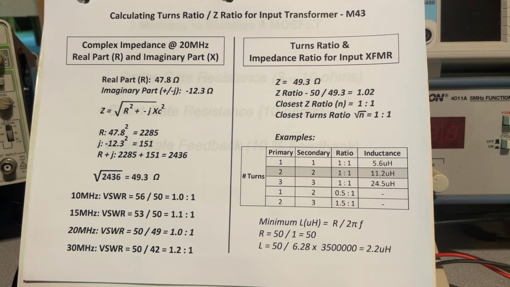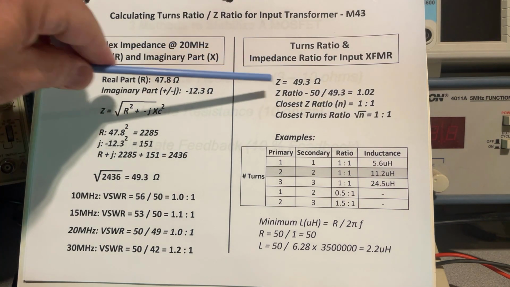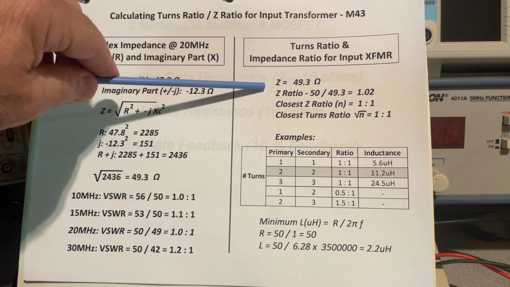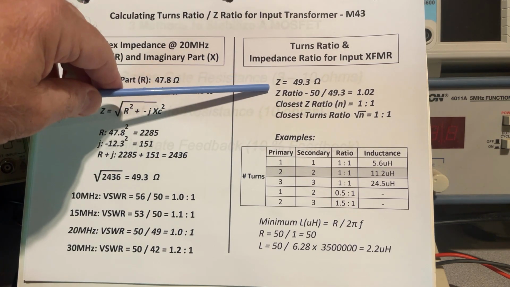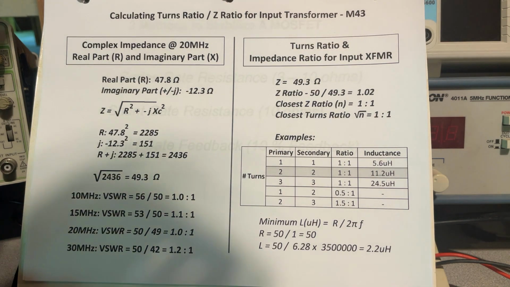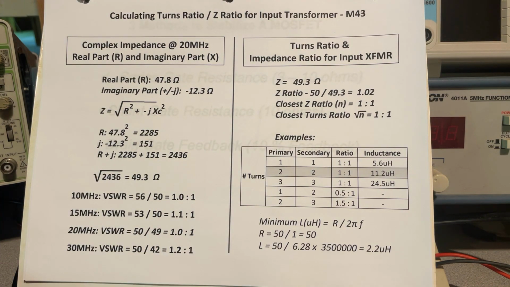So the closest ratio to 49.3 ohms is going to be 1-to-1, right? So if we look at this calculation, here's our input impedance of the circuit. Now, with that said, the input impedance of the circuit consists not only of the transistors, but also the coupling capacitors and the two 3.3 ohm dampening resistors.